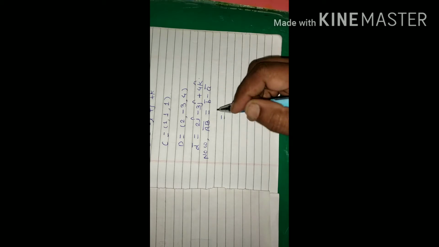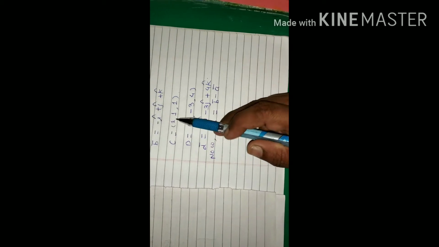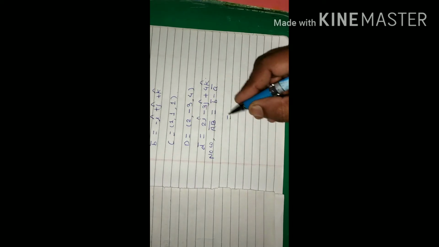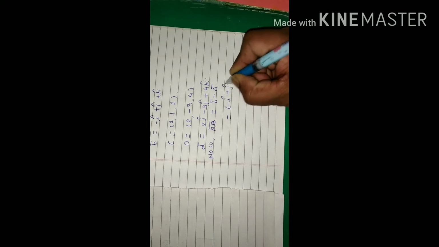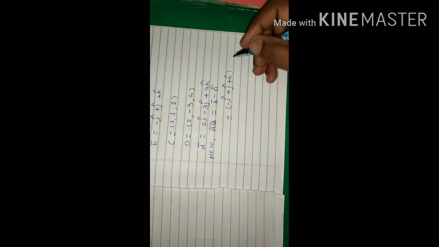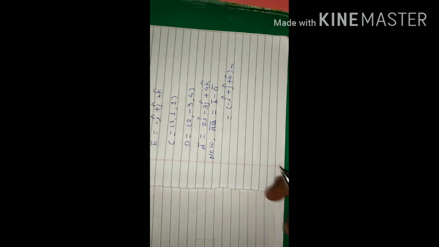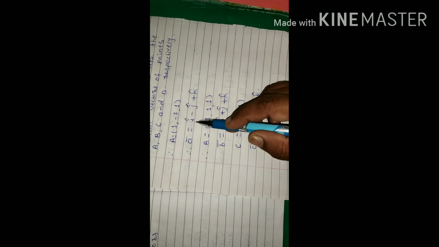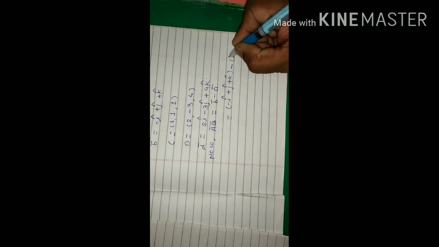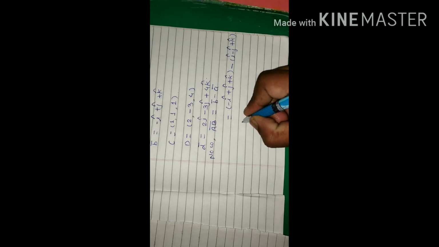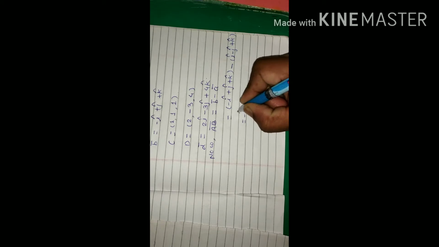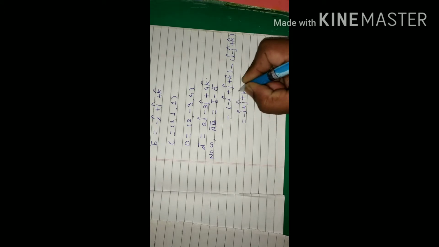The value of b bar is minus i cap plus j cap plus k cap, then minus a bar, where the value of a bar is i cap minus j cap plus k cap.